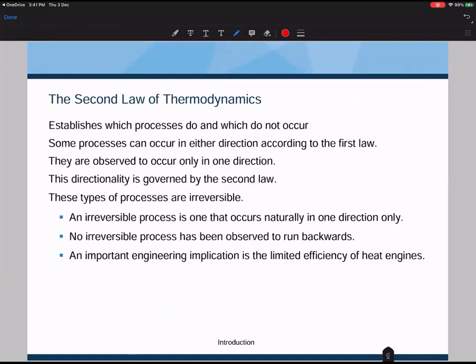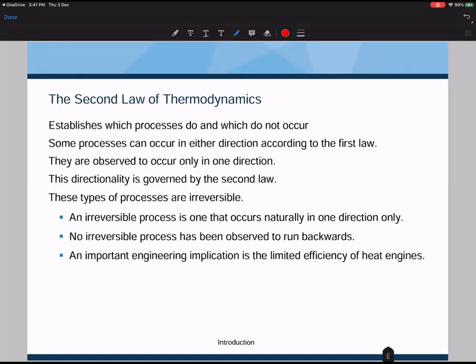The reason can be understood by exactly what I have mentioned as common sense. For example, heat does not transfer from a cold region to a hot region. So this would lead to a limitation on the efficiency of the heat engine.